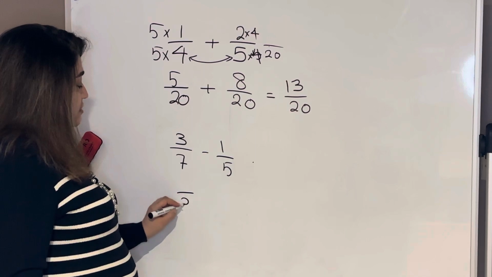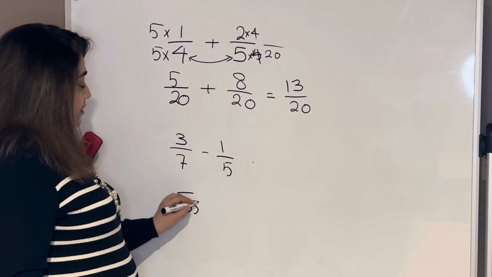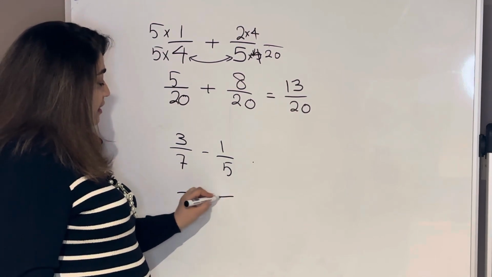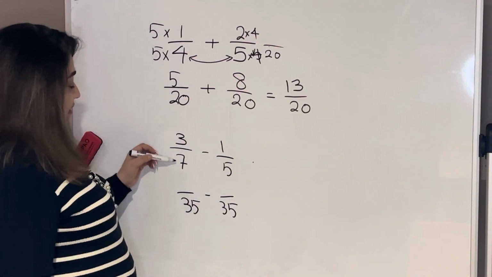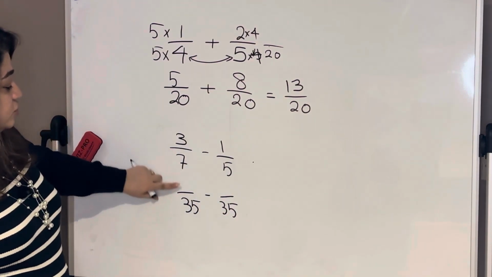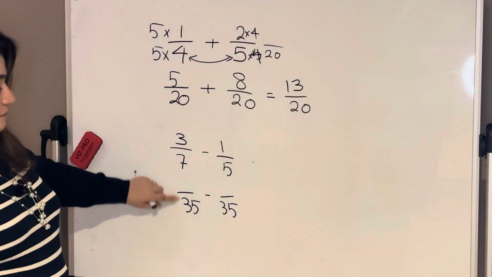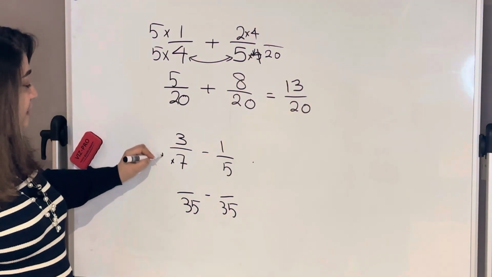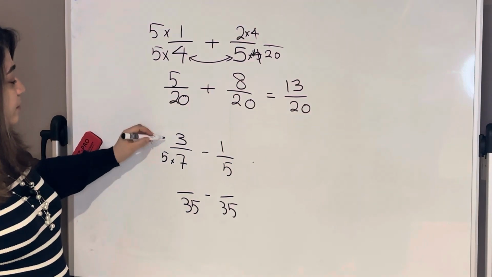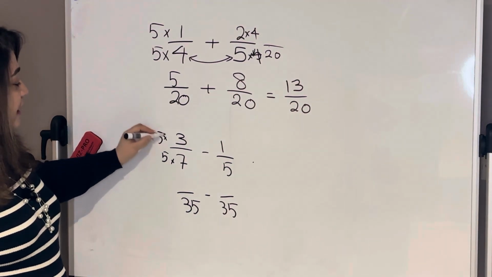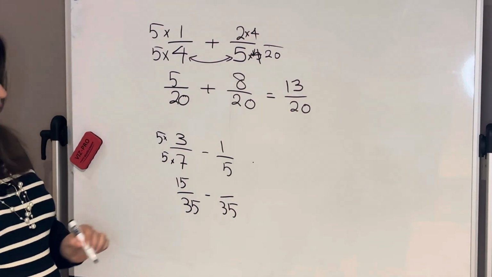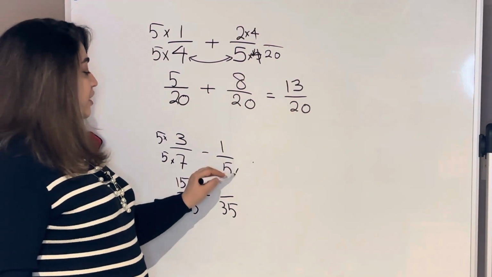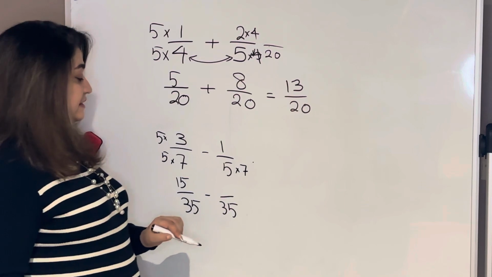So I just rewrite again, 35 take away 35. And then you have to find out 7 times which number is 35. Definitely you know it is 5. So the top number should be times by 5. So it is 15.